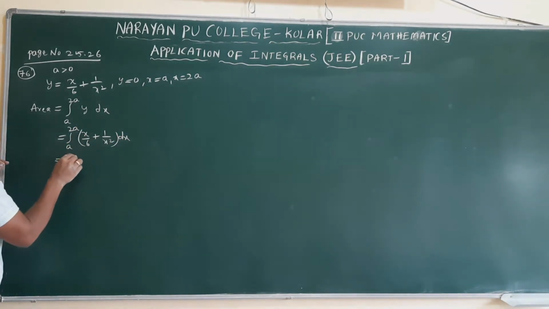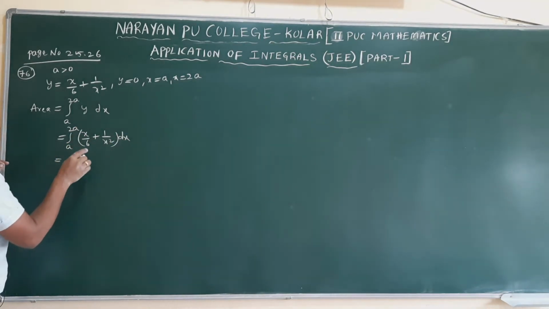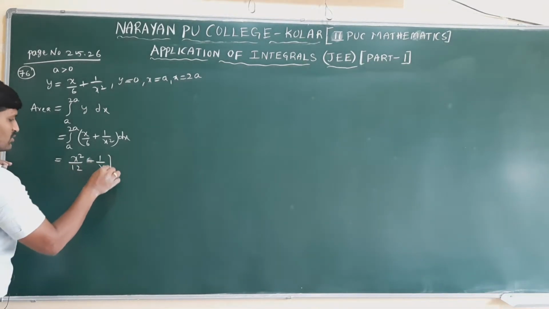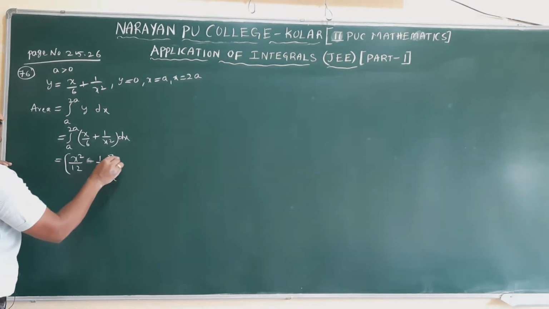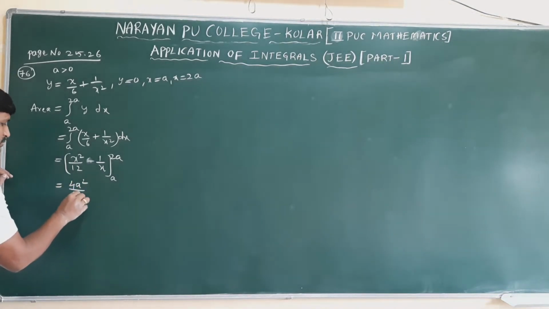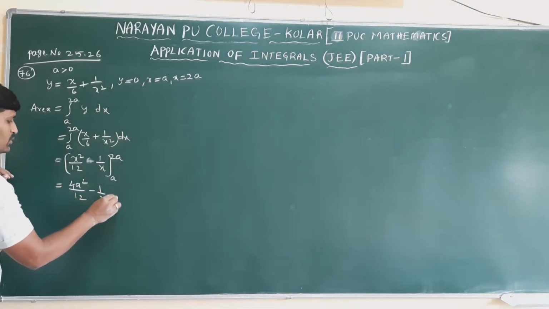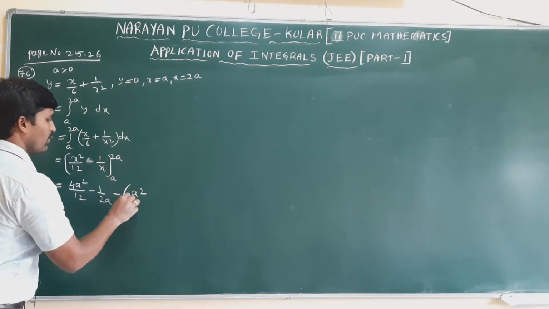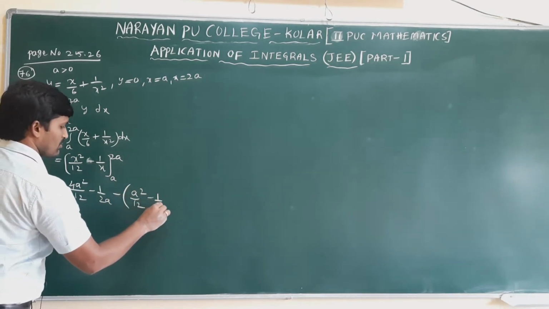Integrate this. Integral of x is x square by 2, 2 sixes are 12. Integral of 1 by x square is minus 1 by x, from a to 2a. Now substitute the upper limit 2a: whole square, that is 4a square by 12 minus 1 by 2a, minus of a square by 12 minus 1 by a.